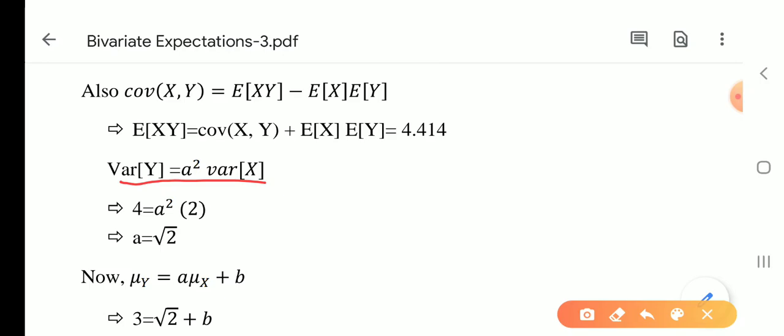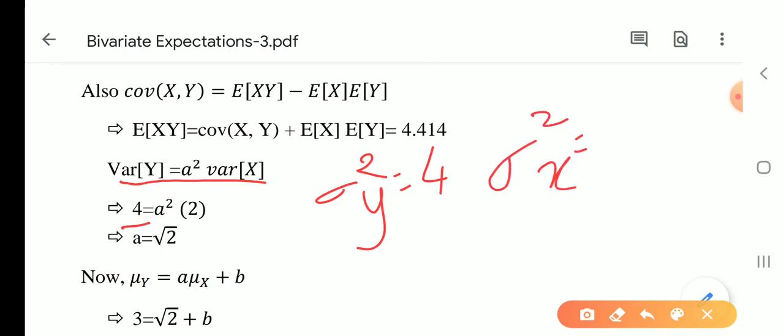Variance of y means sigma y square, it is given to be 4. And the variance of x, sigma x square, is given to be 2. So a square into 2 equals 4. Therefore, a square is equal to 4 by 2. Value of a is square root of 2.